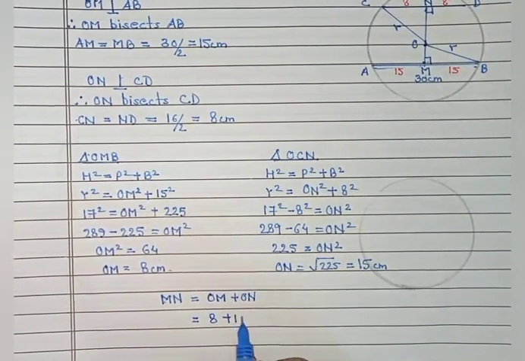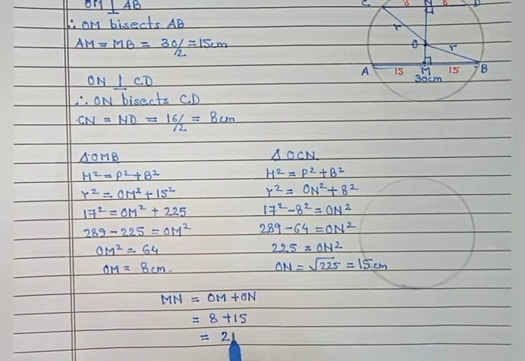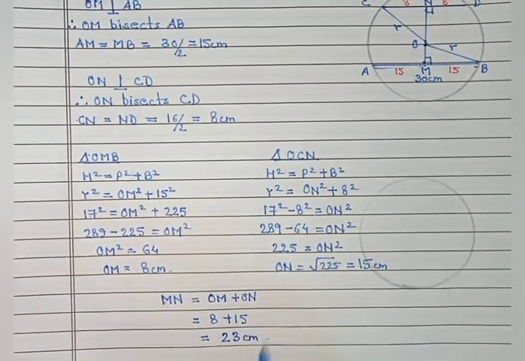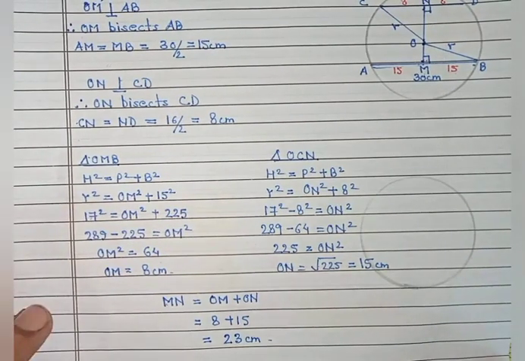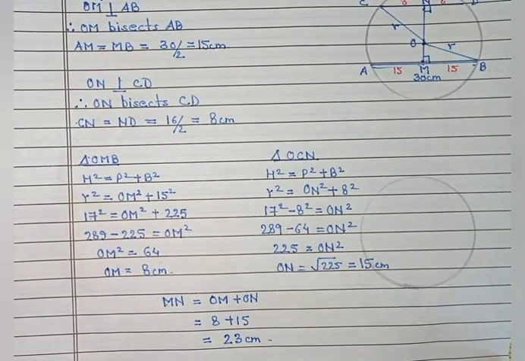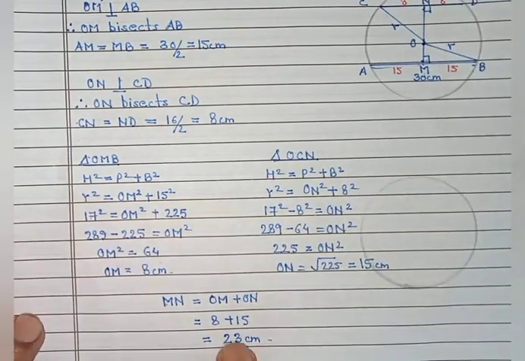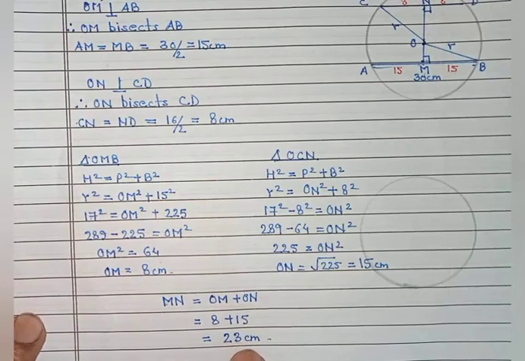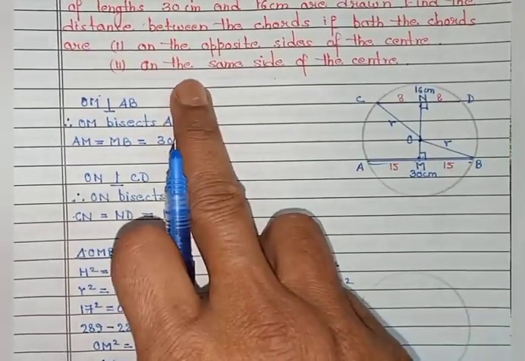So 8 plus 15 will give you 23 centimeter. So in the first part, the two chords were drawn on the opposite side. When the two chords are drawn on the opposite side of the center, the distance between the two chords will be 23.